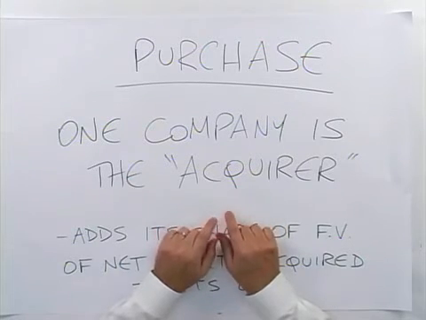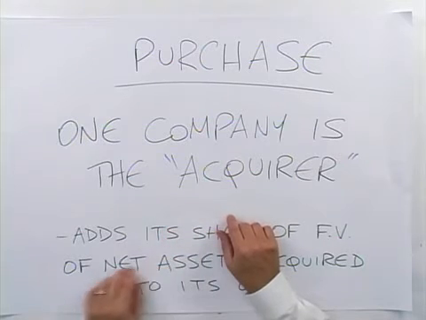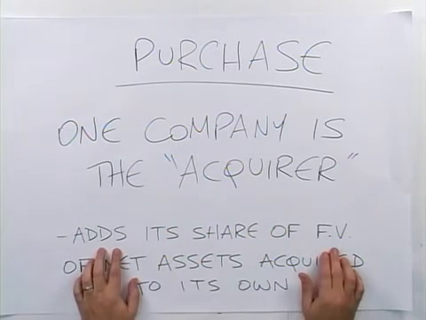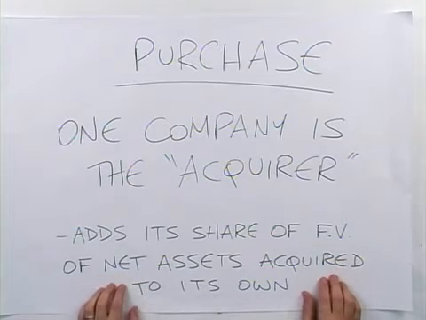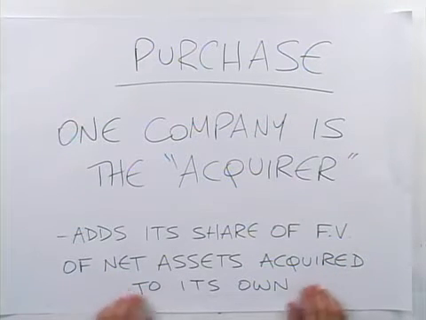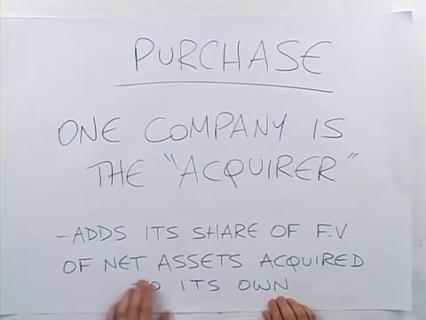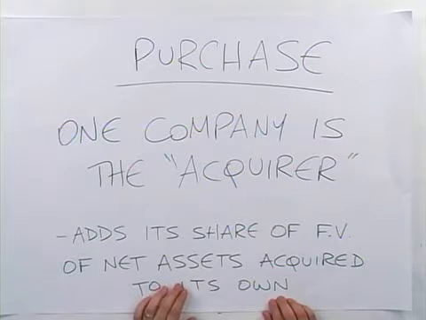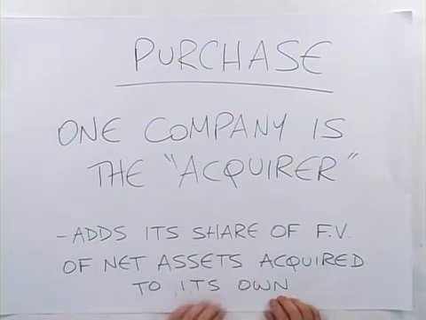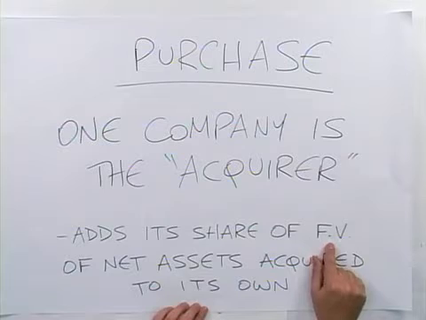Another thing is that on the balance sheets, the acquirer adds its share of the fair value of the net assets they're acquiring to its own. Net assets being assets and liabilities, and only its share and the fair value, not the book value. This is important. So, on the balance sheet, the fair value of the assets being acquired are added to the net assets of the purchaser.